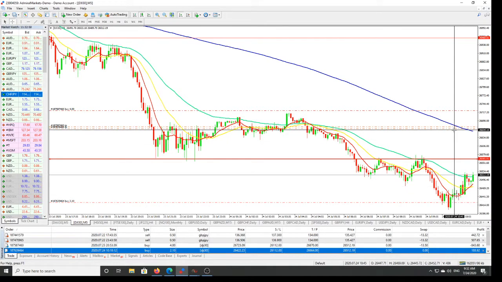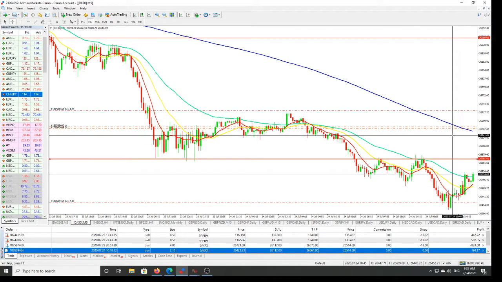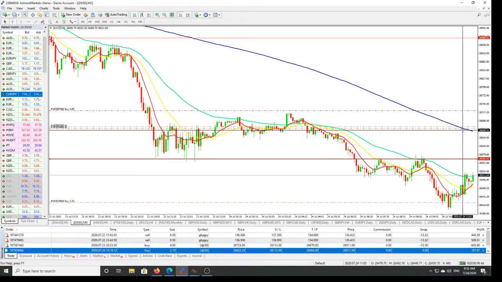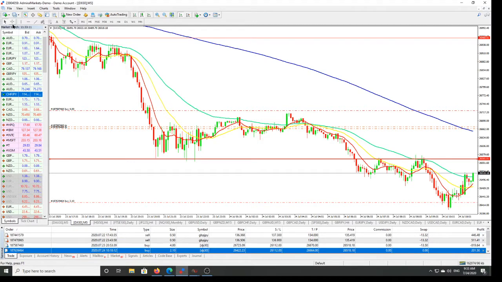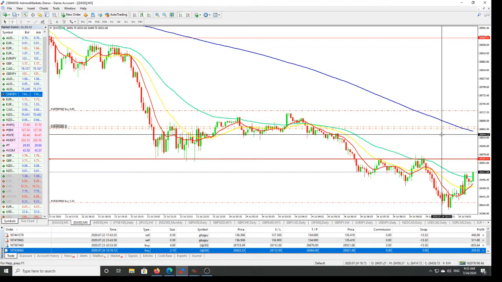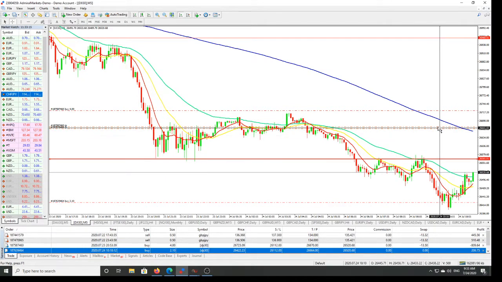So the first take profit is where I have put it, the blue line here. So that is from here. If you calculate, the market has about 150 points to go. So that is where I am looking to take the first take profit, 150 points above that.